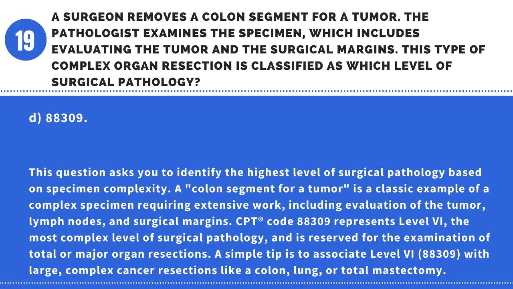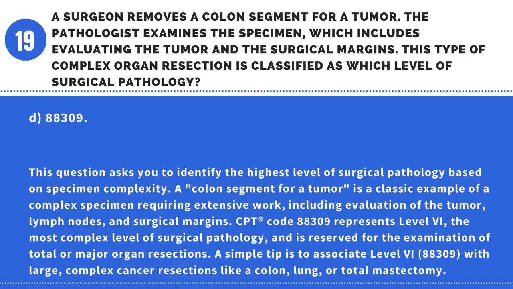Answer: D. 88309. This question asks you to identify the highest level of surgical pathology based on specimen complexity. A colon segment for a tumor is a classic example of a complex specimen requiring extensive work, including evaluation of the tumor, lymph nodes, and surgical margins.